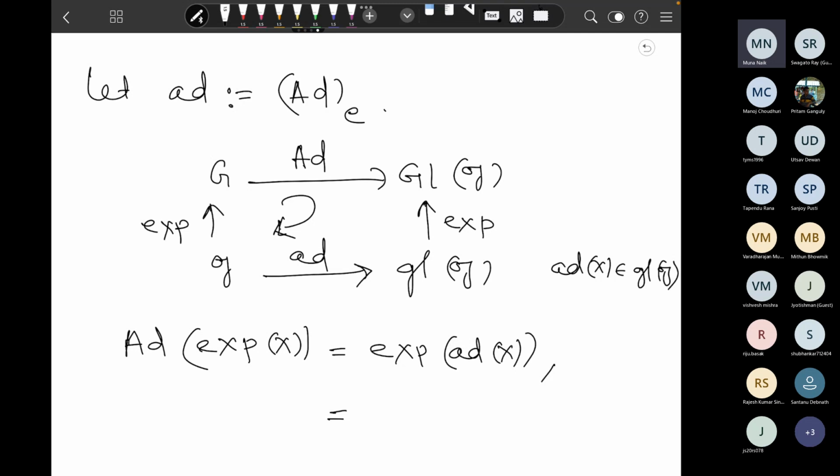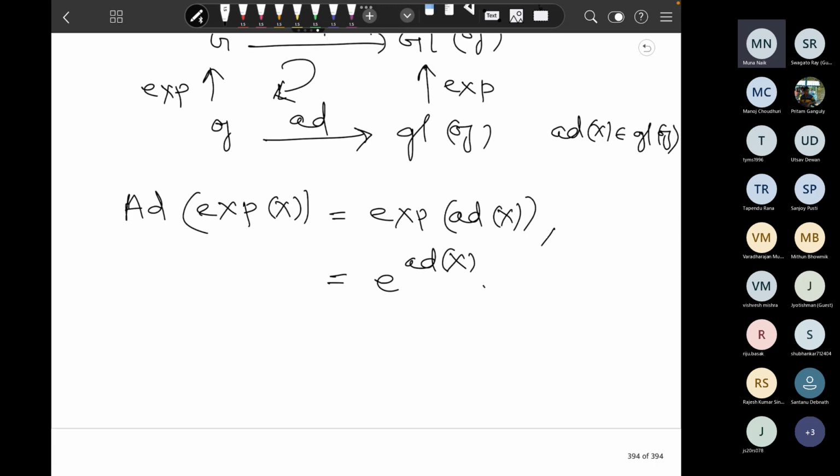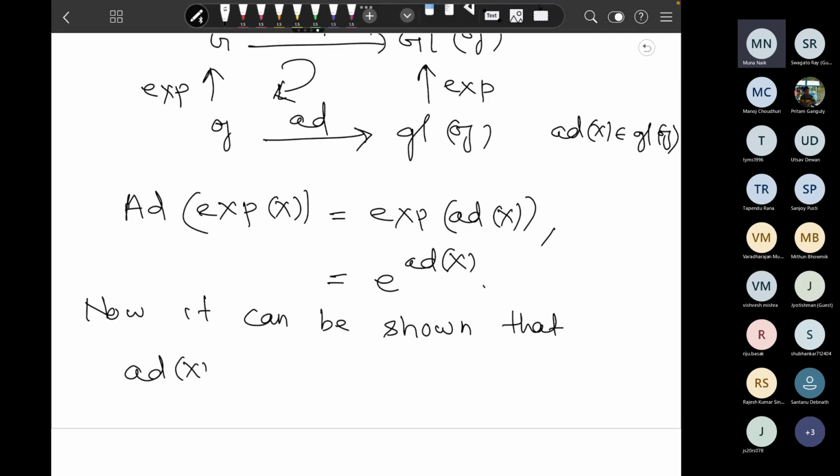This is a linear map, so this is the same thing as e to the power r x. It can be shown that r x y is really the Lie bracket of x and y.